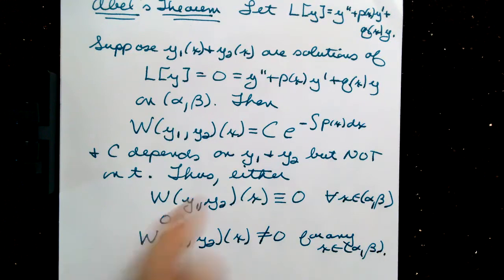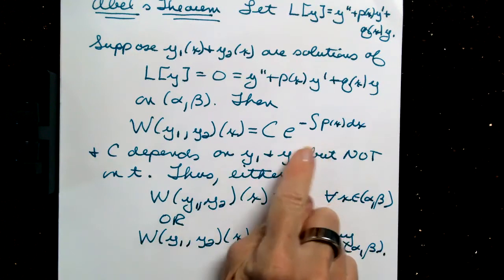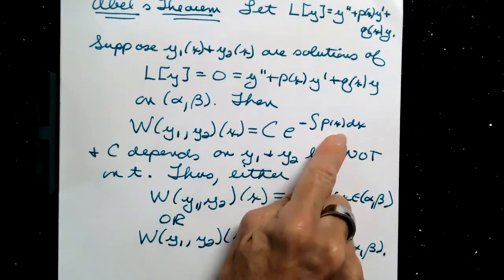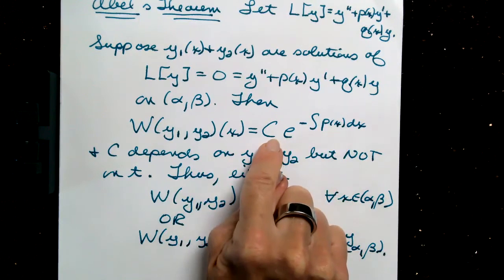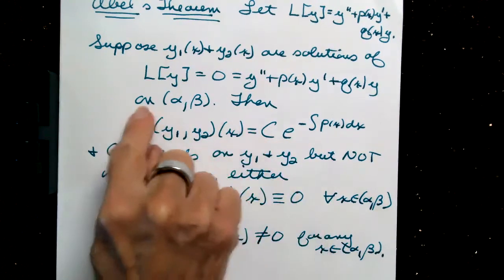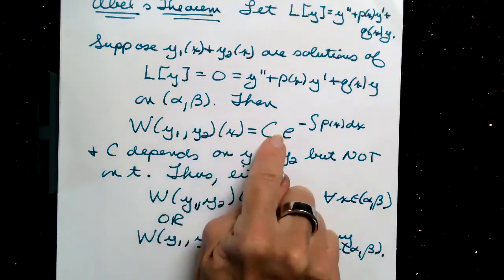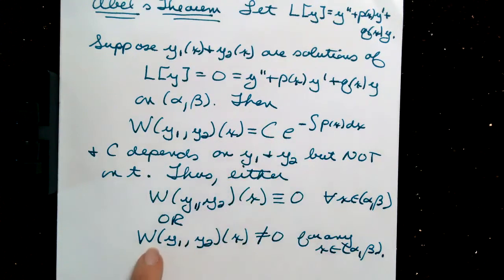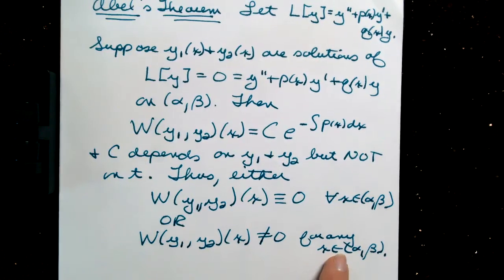Okay, because it's given by an exponential, and so the exponential is never 0. So the Wronskian can only be 0 if c is 0. But if c is 0, then the Wronskian vanishes on that entire interval. And if c is not 0, then the Wronskian won't vanish anywhere in that interval.